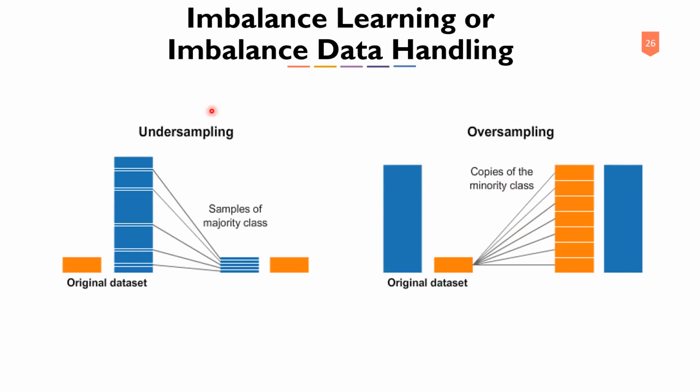So majorly there are two concepts to balance the data set. One is undersampling and the other is oversampling. Where do we need to apply undersampling and when do we need to apply oversampling? One answer can be, for example, we have a data set where the overall total instances are already few, a short data set, not too large.